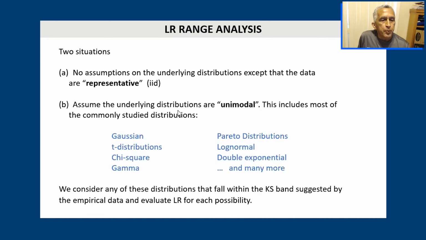But maybe people would think it's more reasonable to restrict the class of distributions. So we also look at distributions that are unimodal. And that includes lots of familiar families: Gaussian, T, chi-square, gamma, log normal, Pareto, and so on. So my focus today is going to be on this unimodal case.